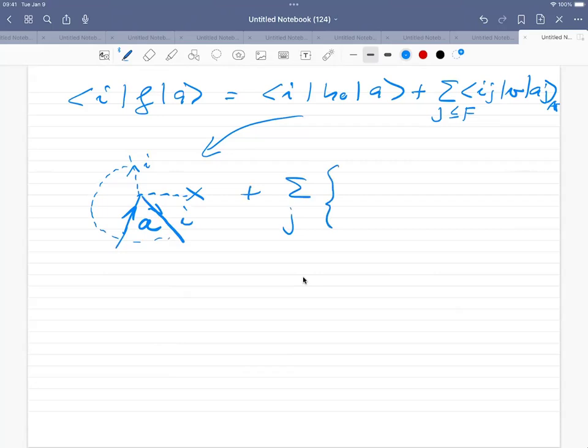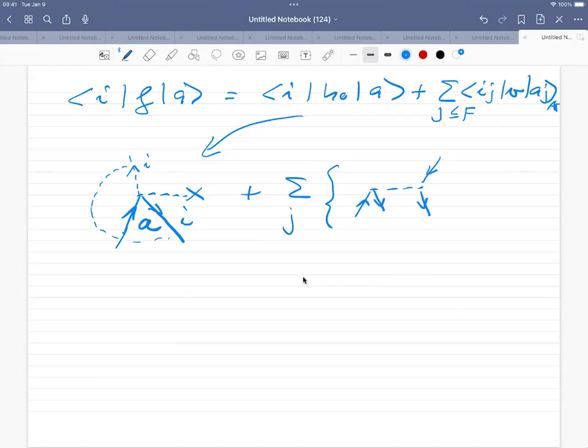Now, what we have diagrammatically is this sum over J, and then we have two terms. One term where I now have the particle state A coming in here, and then I have a hole state J, which is coming in, and then a hole state J, which is leaving, and then I have a hole state I, which is also leaving, and it's pointing downwards.